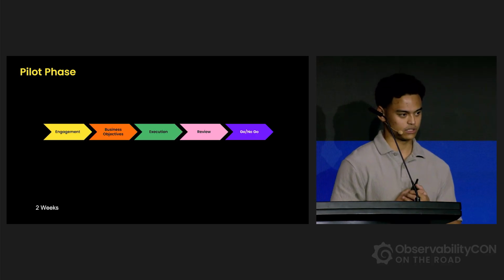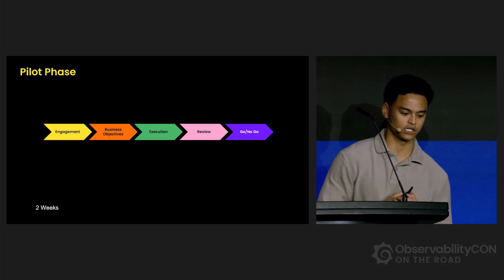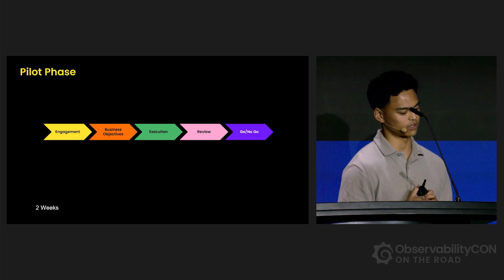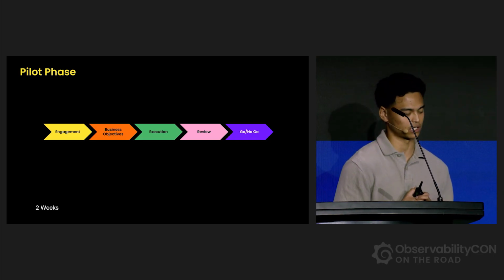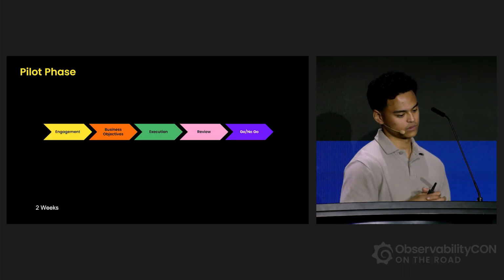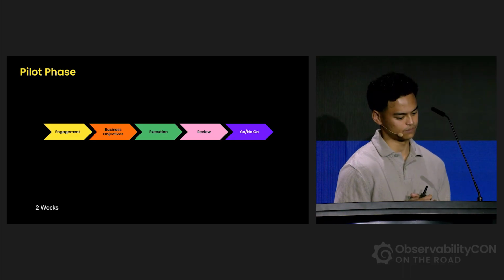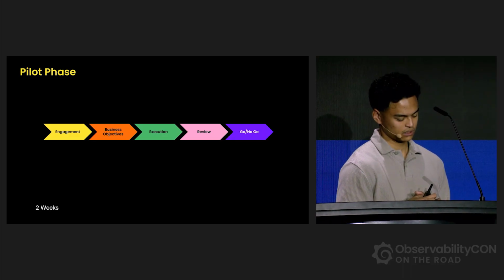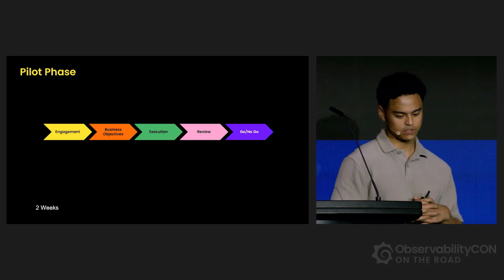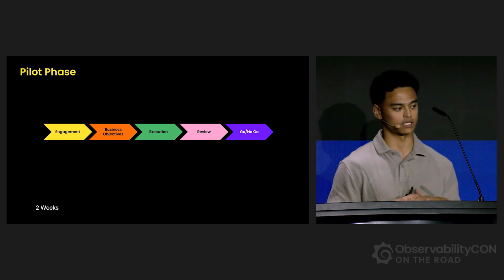After that, we did our execution of the POC. So basically onboarding a subset of applications, dashboards, testing our alerting, synthetics, to meet what we were looking for. After that, we had a review. So we reviewed all the outcomes, and we asked the questions internally.